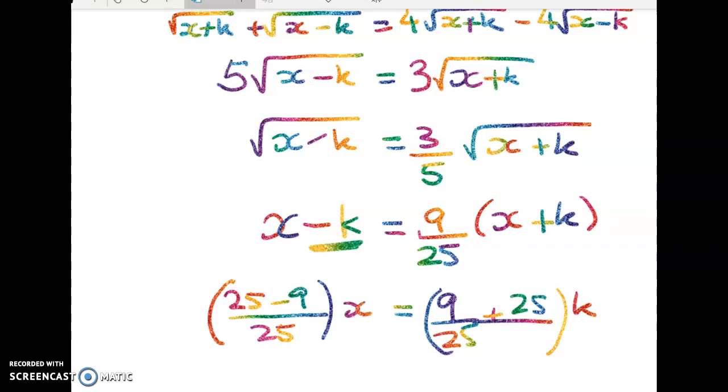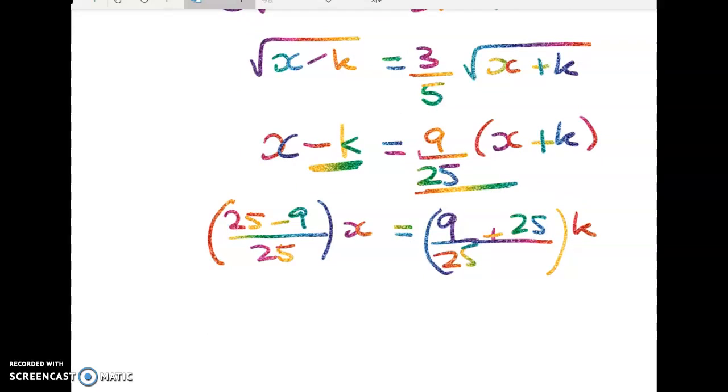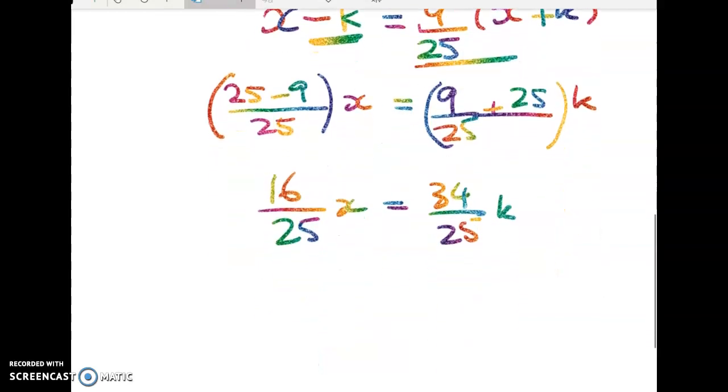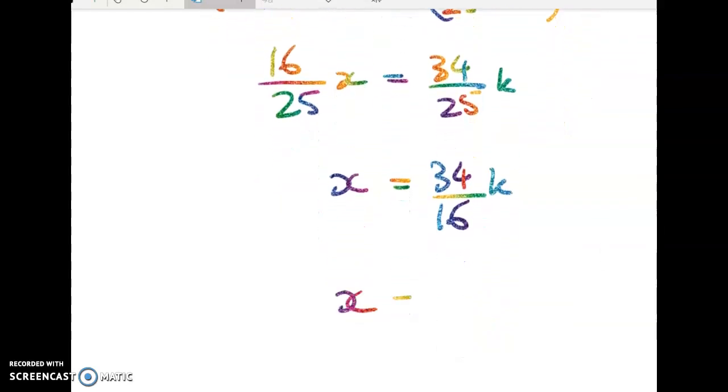All I'm doing here is adding that onto both sides and taking this off both sides. Simplifying, I get 16 over 25 x is equal to 34 over 25 k. That gives me x is equal to 34 over 16 k, which is equal to 17 over 8 k.